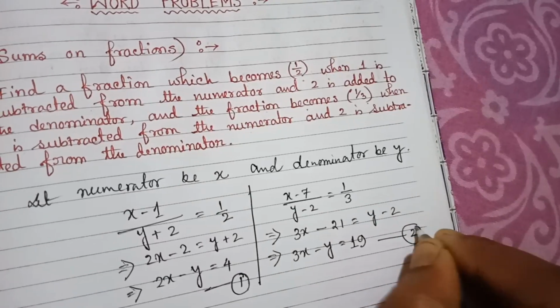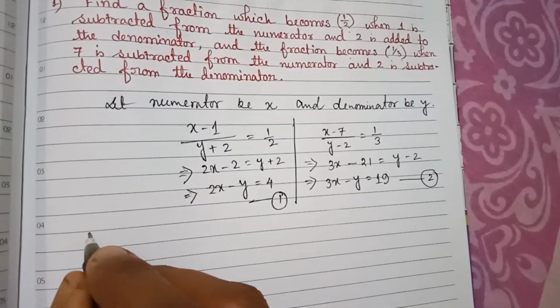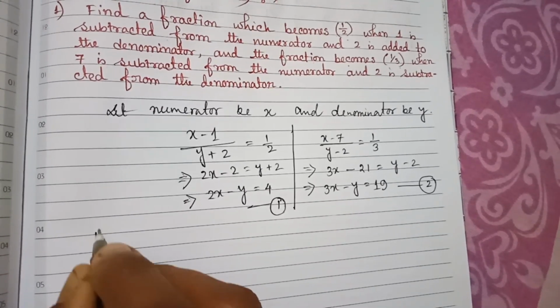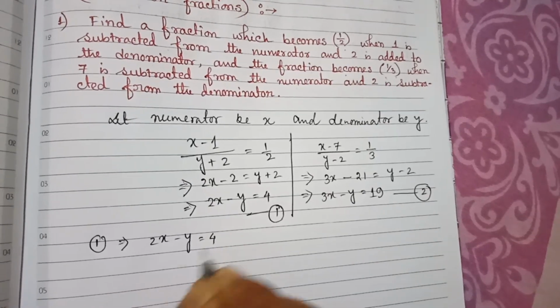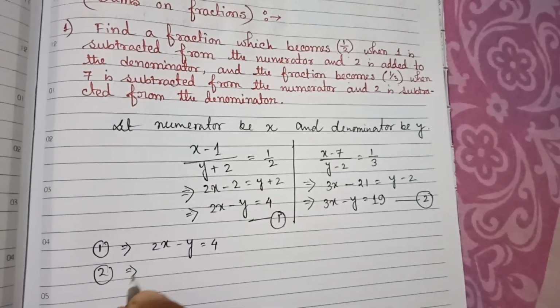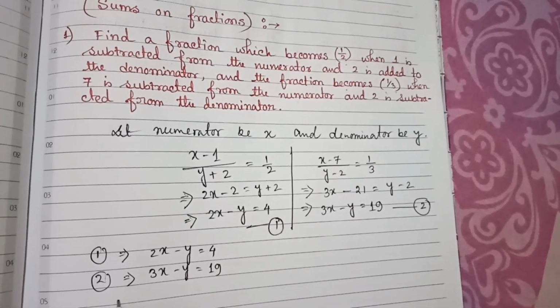So this is equation number 2. Now we need to solve these two equations. Number 1: 2x minus y equals 4. Number 2: 3x minus y equals 19.